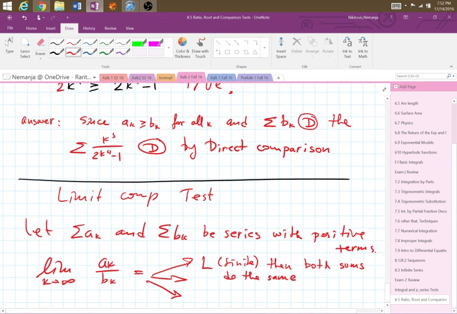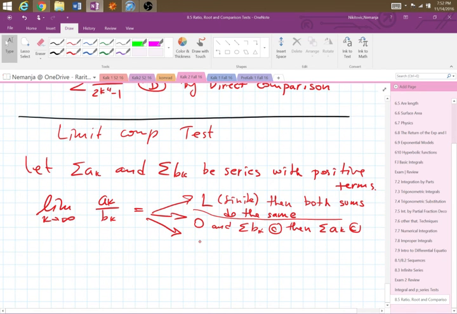Second case, if it's equal to 0 and summation BK converges, then summation AK converges. And if it's infinity and summation of BK diverges, then summation AK diverges.